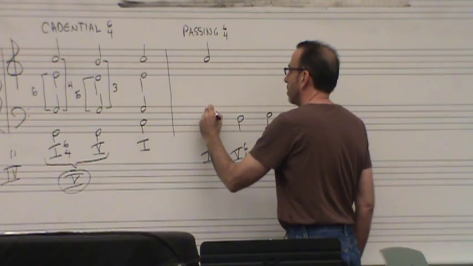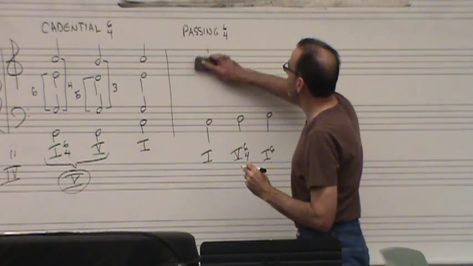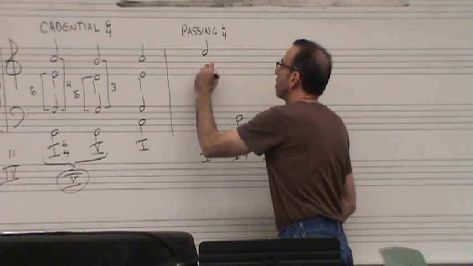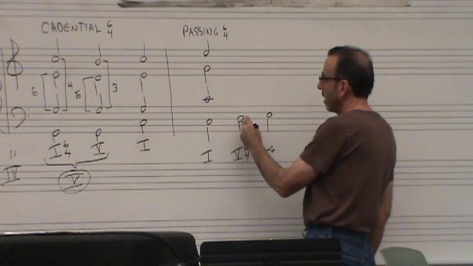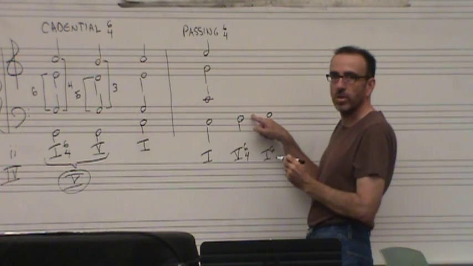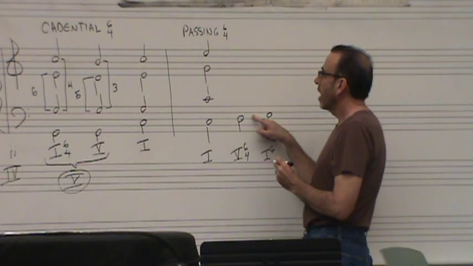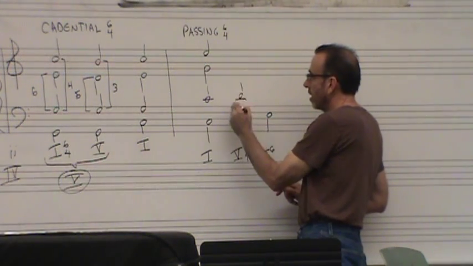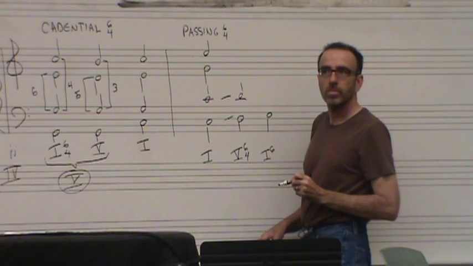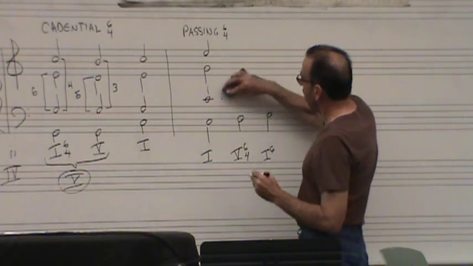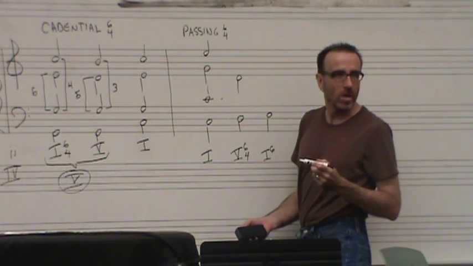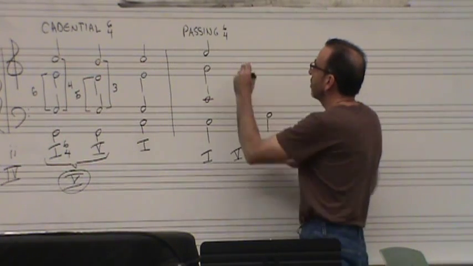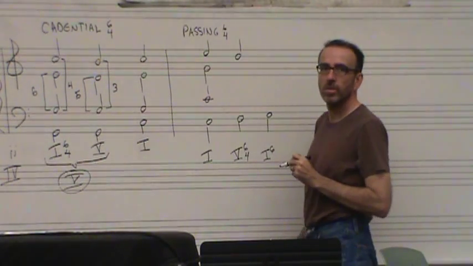So when I get to this second inversion chord, I want to have this bass voice, the fifth note, doubled. And if I did it here, I'd end up with parallel octaves, right? If I did it here, I'd end up with the bass kind of leaping down a little bit far. We want to work on stepwise. So the best place to get that would be in the soprano voice.